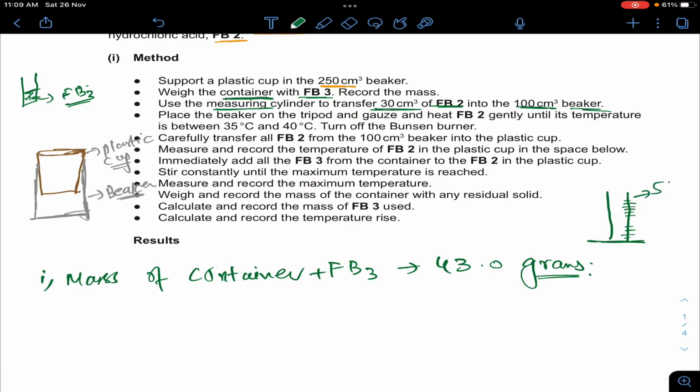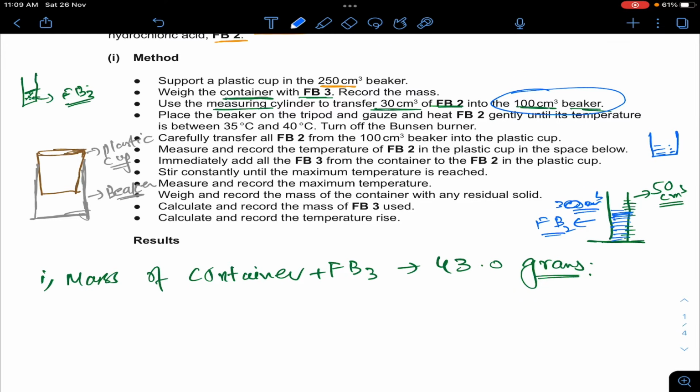You're going to transfer 30 cm cube of FB2, which is hydrochloric acid, into the 100 cm cube beaker. So first you take 30 cm cube of FB2, and then we'll transfer it into a 100 cm cube beaker, which is our beaker.